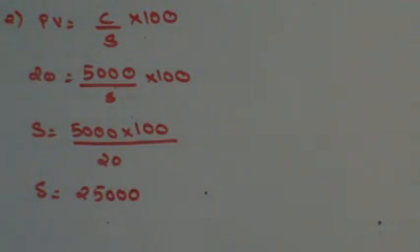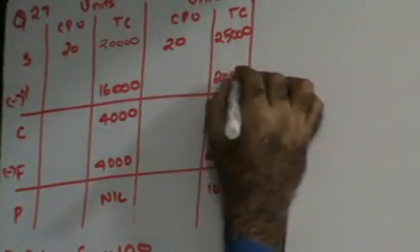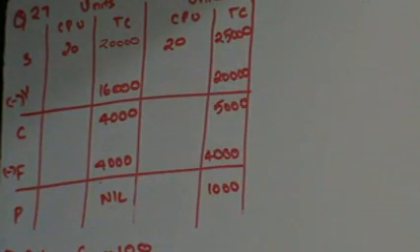Let's check this. So that means my sales is going to be 25,000. If sales is 25,000, that means my variable cost is going to be 20,000. Right? Okay. So we found that out.